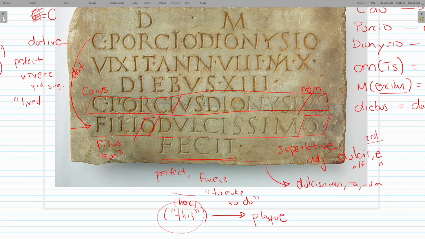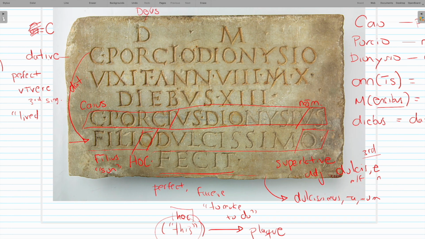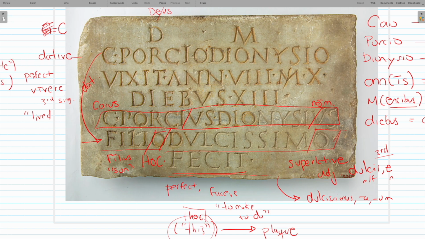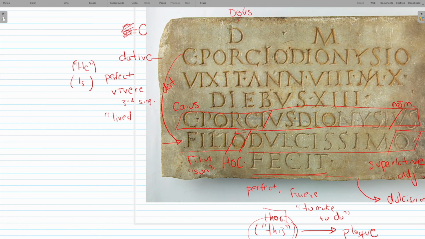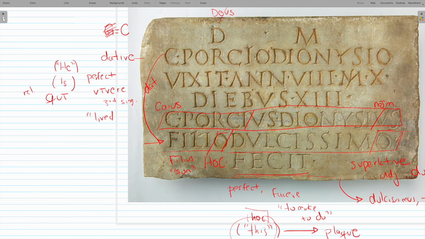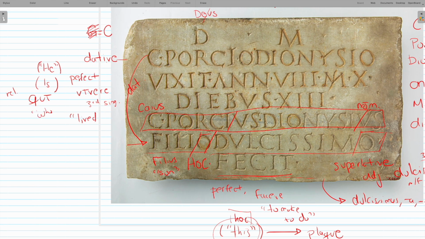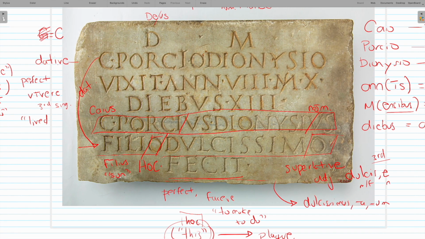That's the implied word here. You could even write it here, hoc. For Caio Porcio Dionisio, the sweetest son, who lived, the who is implied, but actually the implication here could be better thought of as qui, with a relative pronoun, who lived years 8, months 10, days 13.